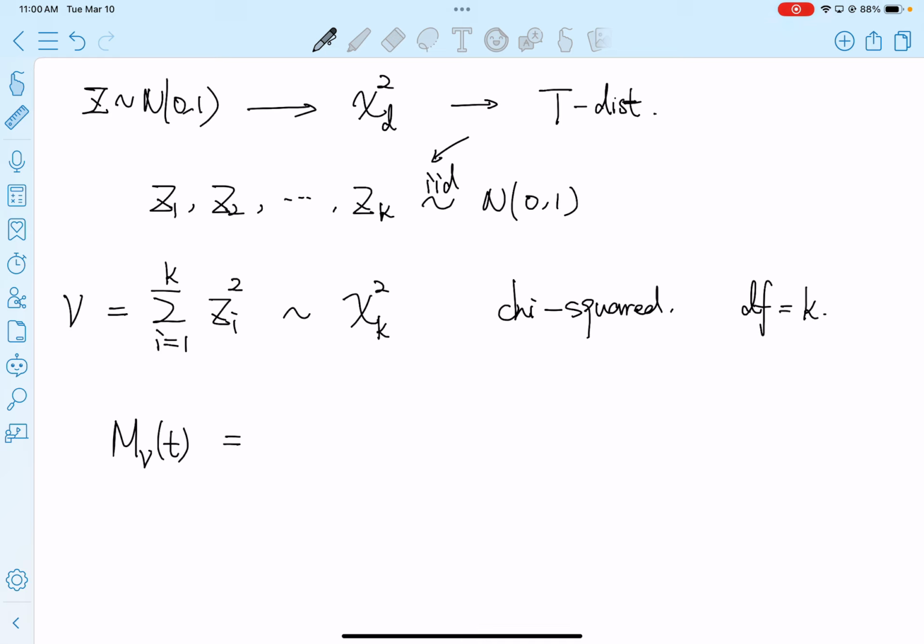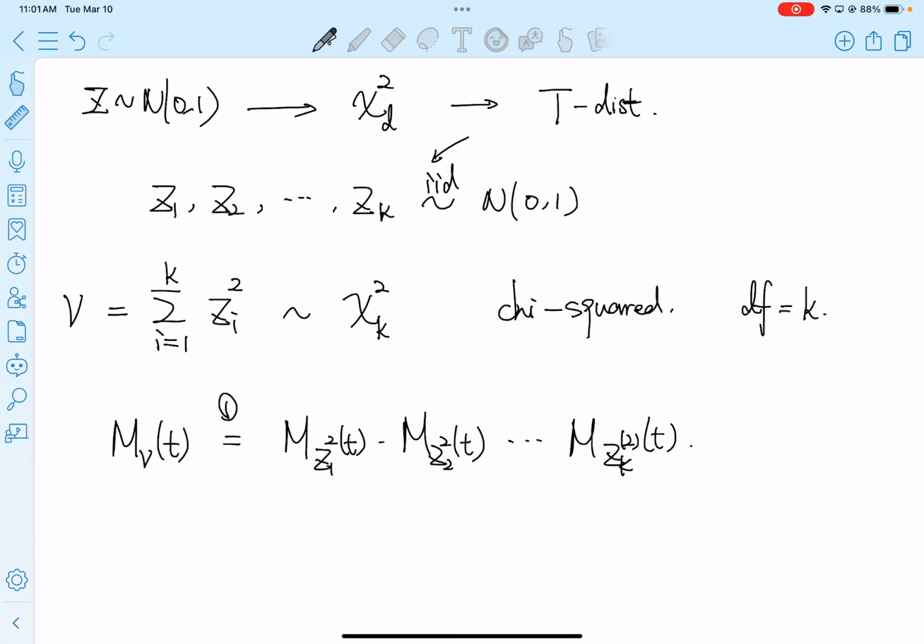So the moment generating function, if you still recall from property 1, of a sum of independent random variables is equal to the product of the marginal moment generating functions, right? So this is equal to the marginal of z1 squared multiplied by the marginal of z2 squared, all the way to zk squared.